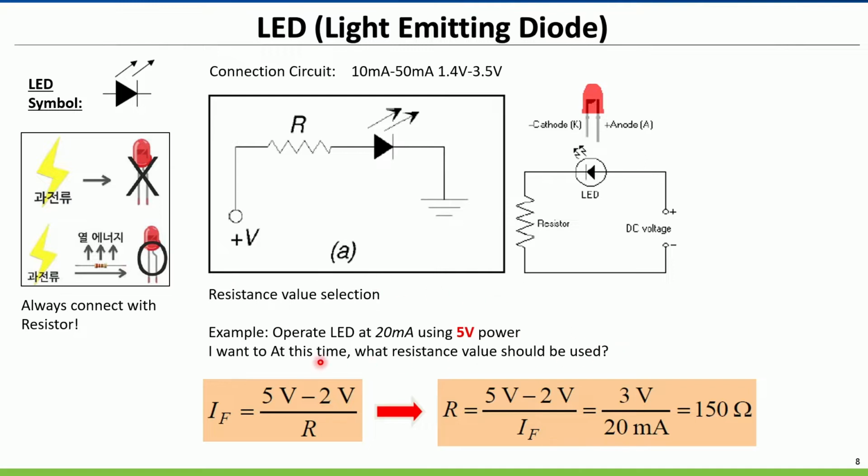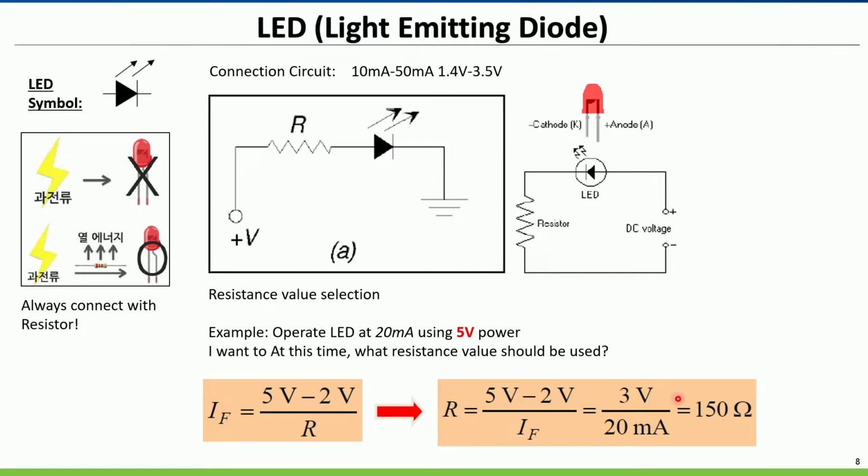This is an example when you want to operate an LED using 5 volts power and limited current of 20 milliampere. So the example equation is simple: 5 volts minus 2 volts divided by R. The current flowing here is 20 milliampere, so the voltage around the LED is 3 volts.